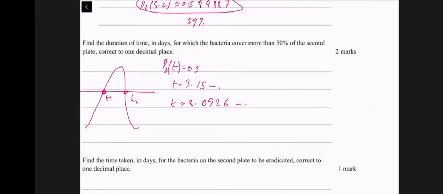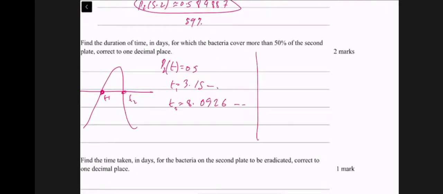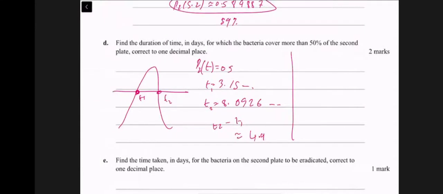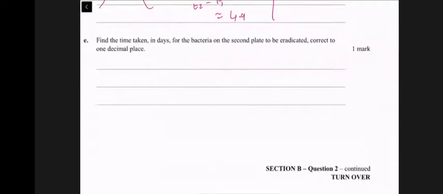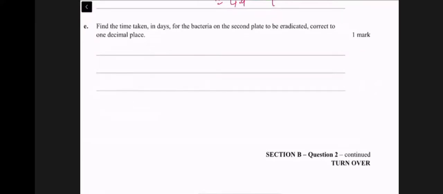So duration of time is just T2 minus T1, and you should get 4.9 to the nearest decimal place. So find time for the bacteria to be eradicated. So that means they're all dead, so P(t) is 0. And that's just t is 16.7.